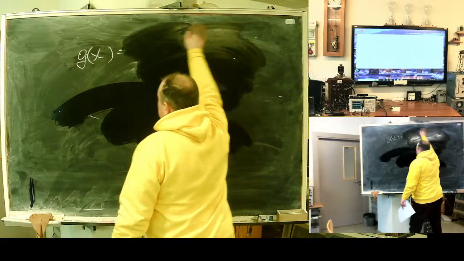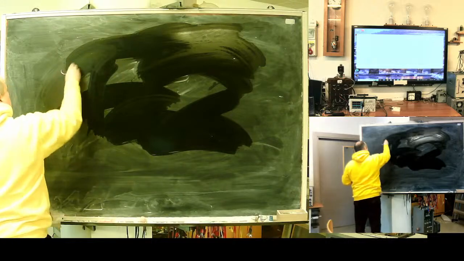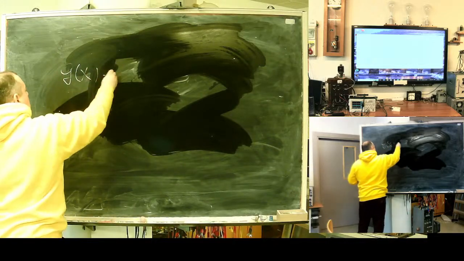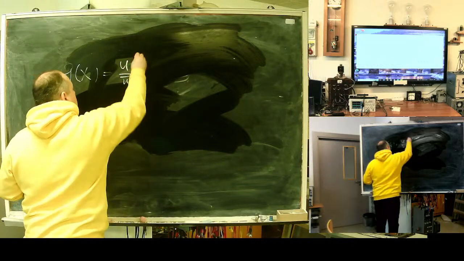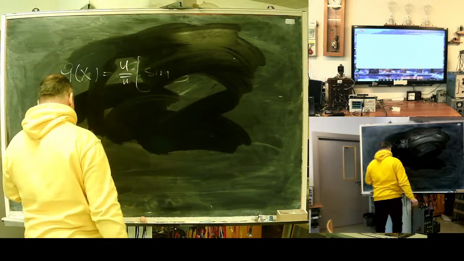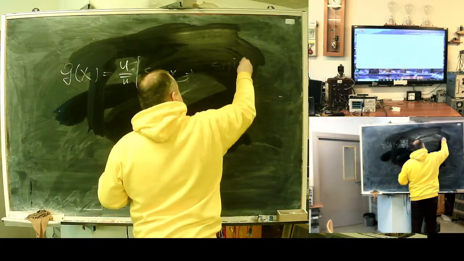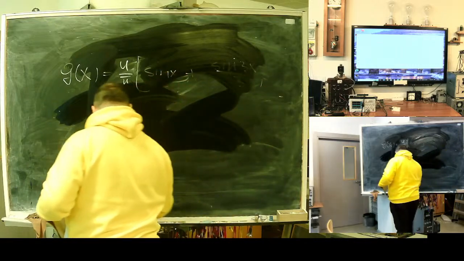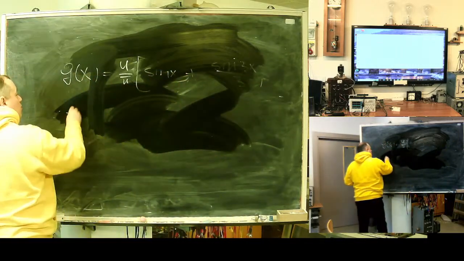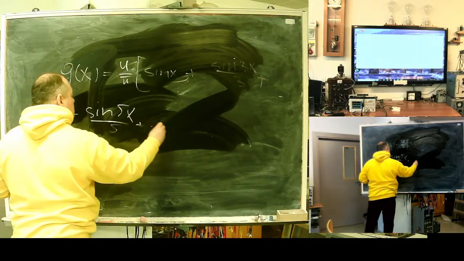It's a rectangular function with amplitude 1, meaning Gibbs function can be substituted by 4 divided by pi times sine x plus sine 3x divided by 3 plus sine 5x divided by 5 plus and so on.